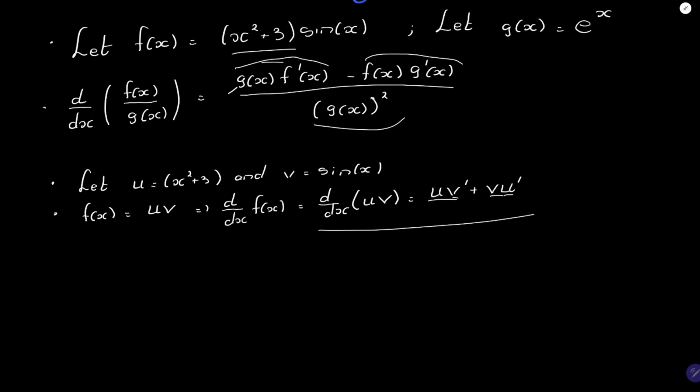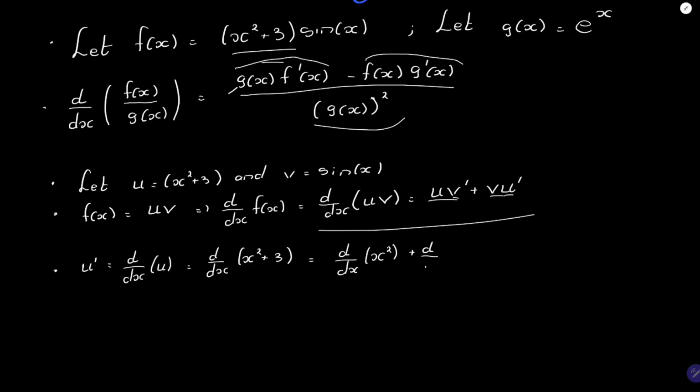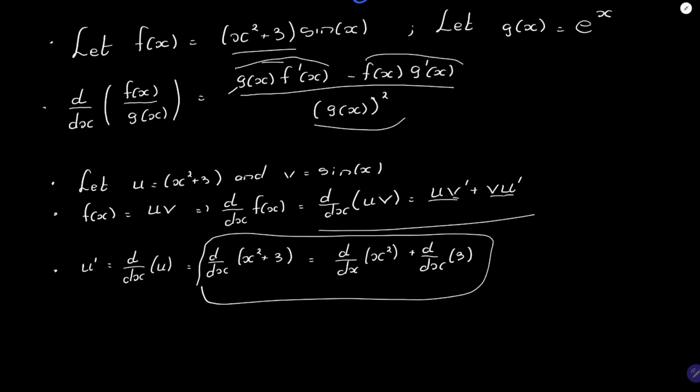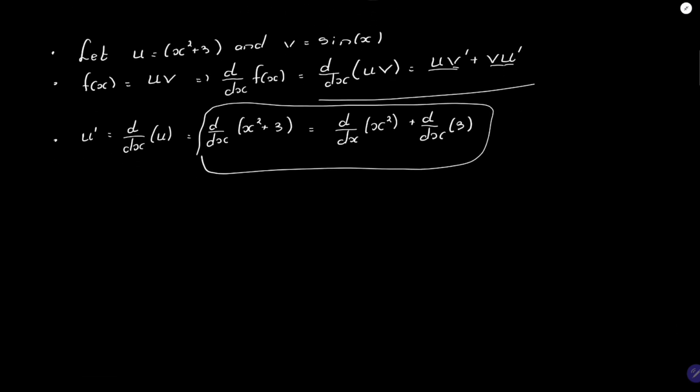So let's first of all find those terms. u prime is equal to the derivative with respect to x of u, which is the derivative with respect to x of x squared plus 3, and this gives us the derivative with respect to x of x squared plus the derivative with respect to x of 3. This is the application of our sum rule, which tells us that the derivative of a sum is the same thing as the sum of their derivatives.